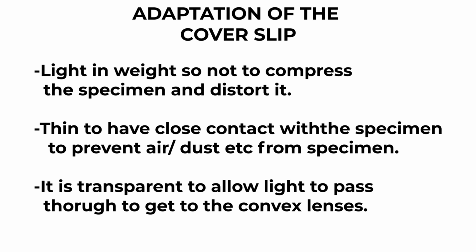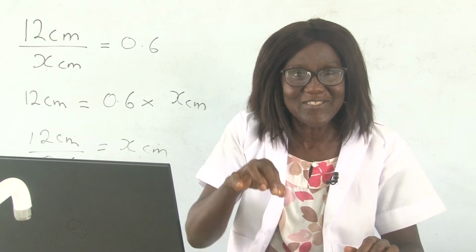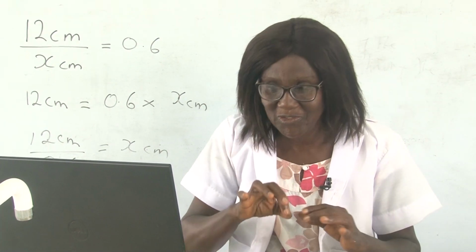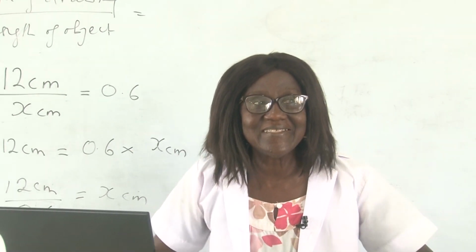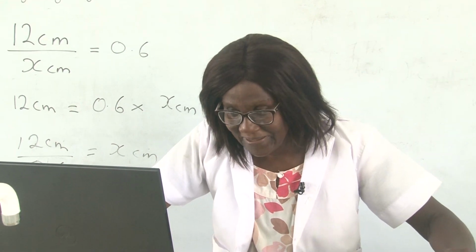It is thin to have very close contact with the specimen to prevent air or dust getting to the specimen. Then it is transparent to allow light to pass through to get to the convex lenses. So those are the adaptations of this tiny thing. These are the answers to the assignment.